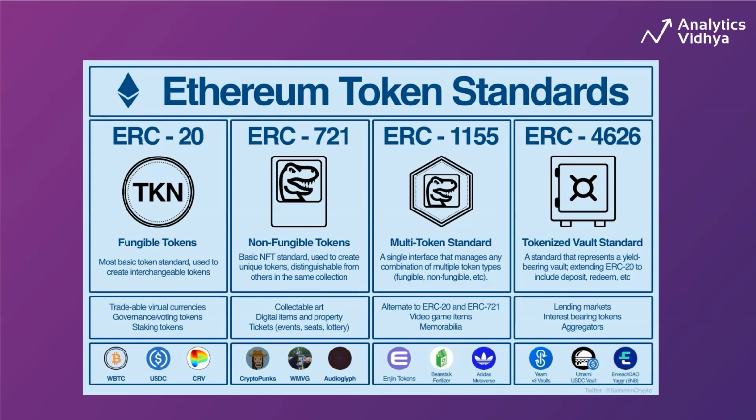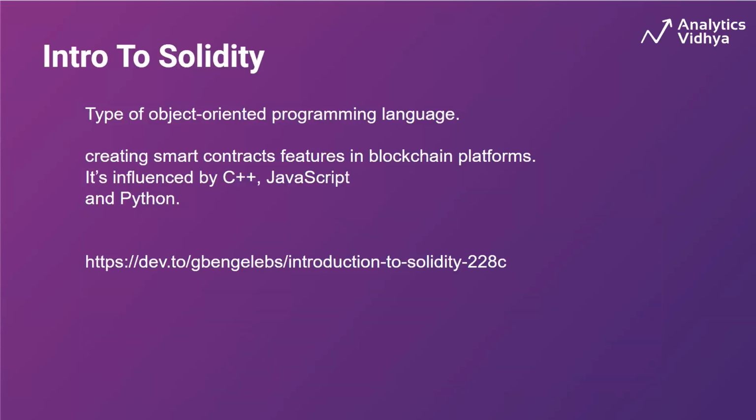Upgradable features are covered further by ERC 4626. And ERC 4626 is used by Yearn V3 vaults, Umami, RedDAO, all those leading startups are working with ERC-4626.